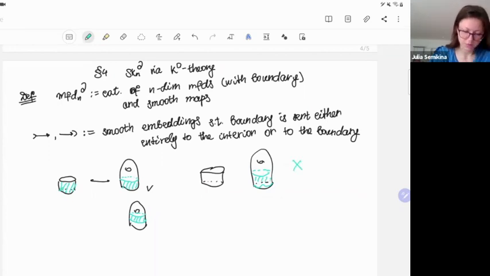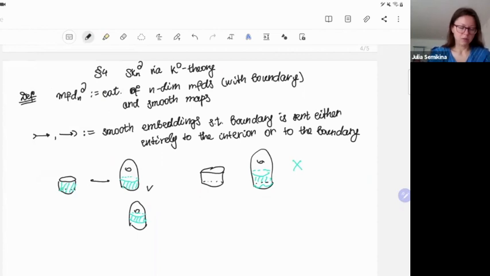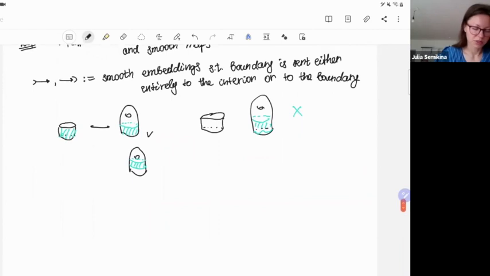So basically our maps are just some nice maps such that if you cut along the boundaries, you can decompose it into two nice manifolds. So these are smooth embeddings that are these two subcategories.